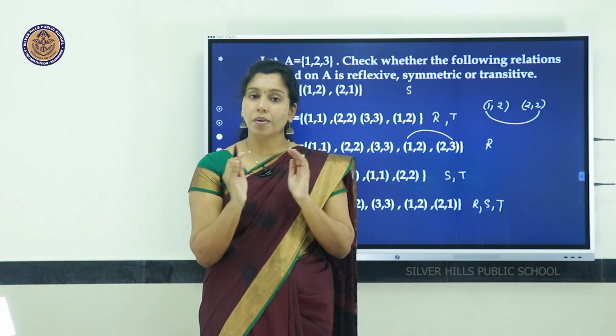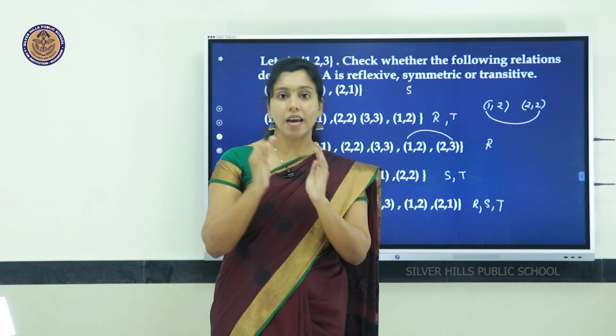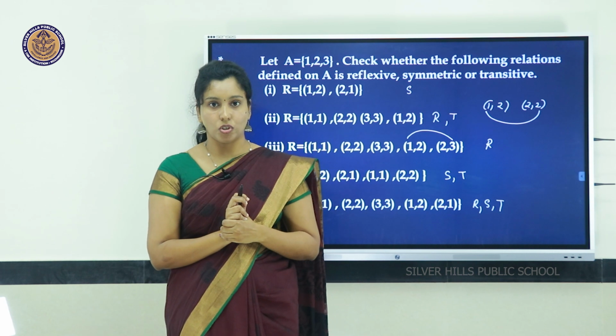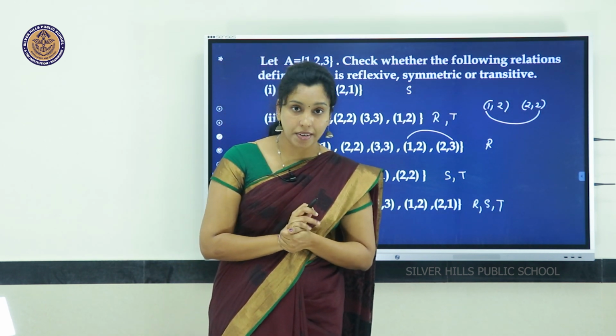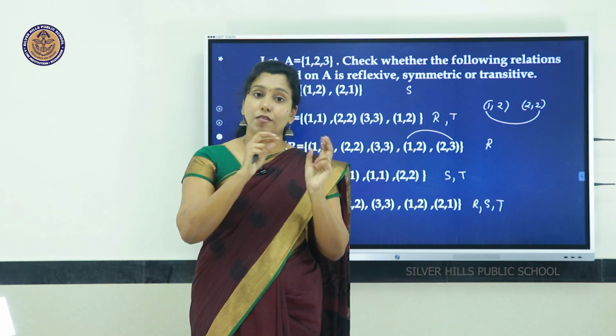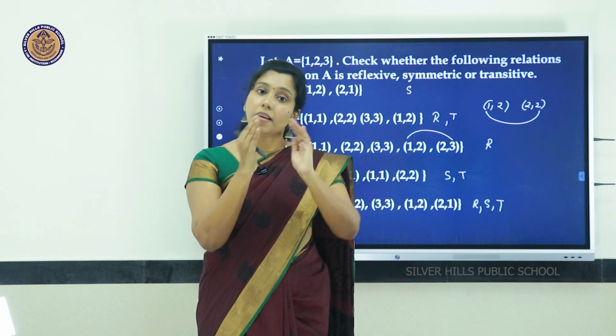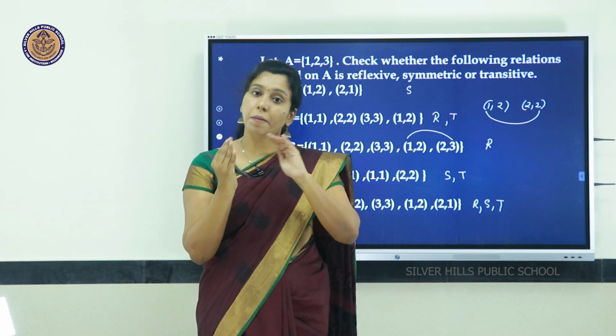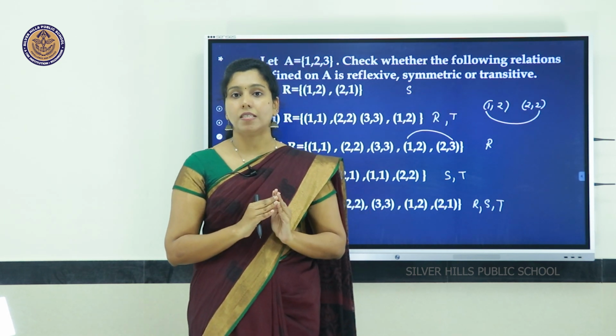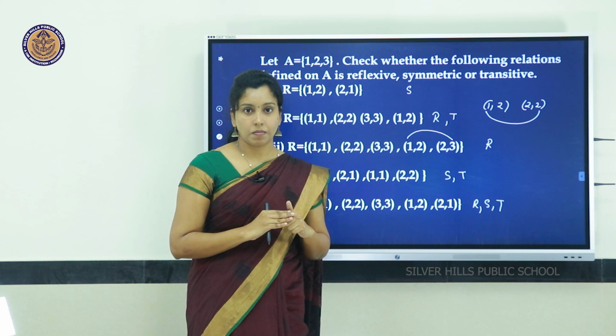So, reflexive means ordered pair AA belongs to the given relation. Second one is symmetric. Symmetric means the first member and the second member. If it is ordered pair AB, then the reverse, ordered pair BA, will be present in the relation. Okay.